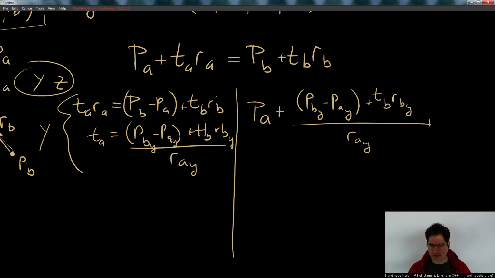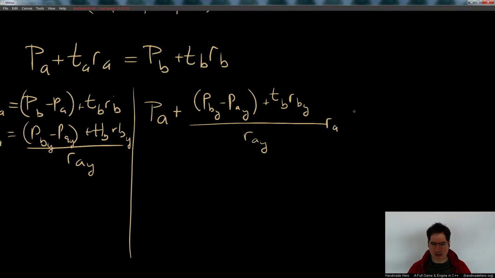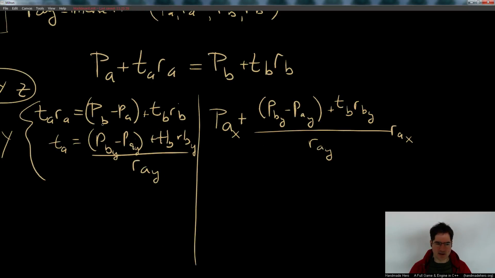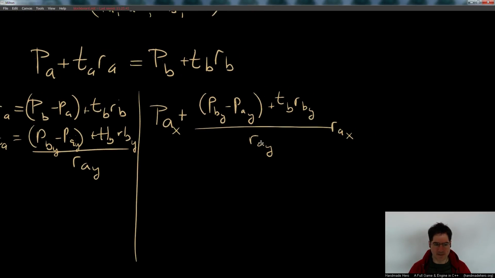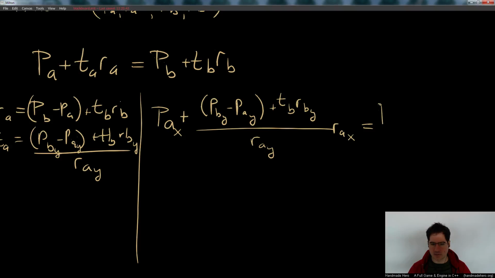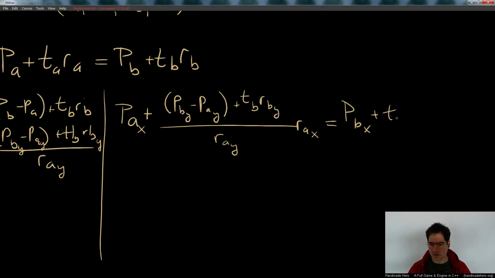And all of that is times RA, which in this case is going to be the x's. So everything outside of that is going to be x's, because we're treating this equation as PAX plus TA RAX equals PBX plus TB RBX. These were all solved in terms of y. Then we're equal over here: we've got our PBX, our TB, and our RBX.